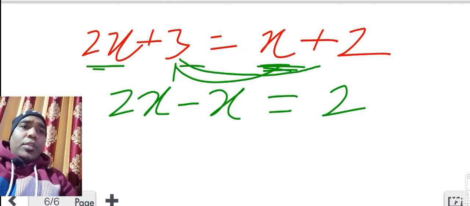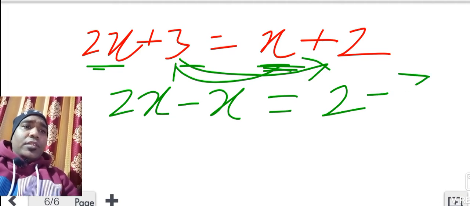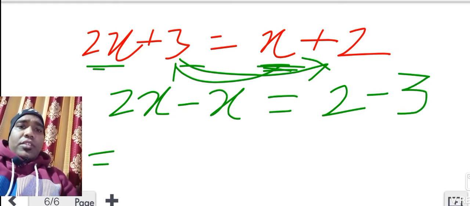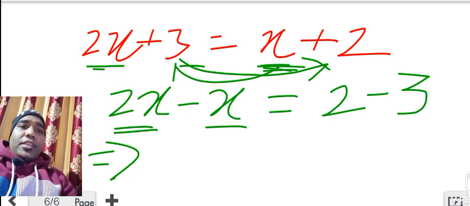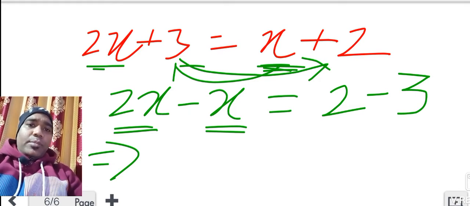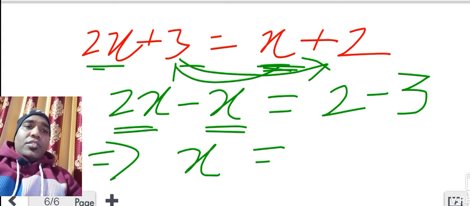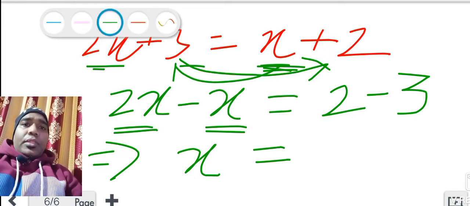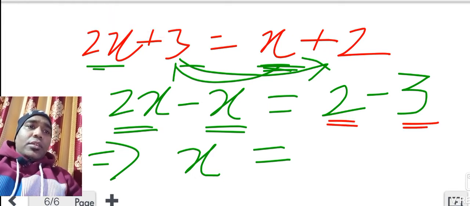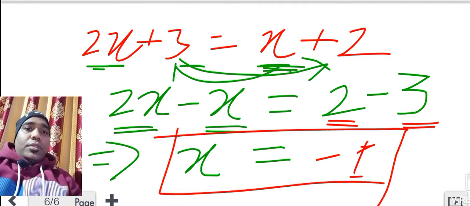Now this 3 we bring to the RHS, so plus 3 becomes minus 3. Now the next step, 2x minus x. Suppose 2 mangoes subtract 1 mango, how many mangoes will you have? 1 mango will remain. So 1x will remain, and 1x means x only. So x is equal to 2 minus 3. How much do we get? Minus 1. So the value we have got is x is equal to minus 1.